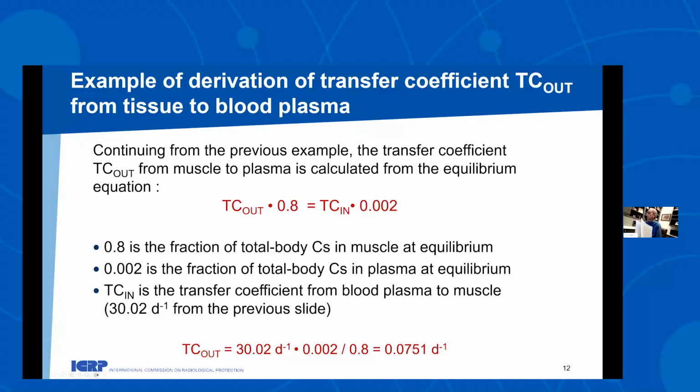But if you're on the outside of the body measuring the half-time of cesium in the body, it's closer to 100 days for an adult male. What's happening is that the effective half-time from muscle is much longer because of constant recycling between blood and muscle.